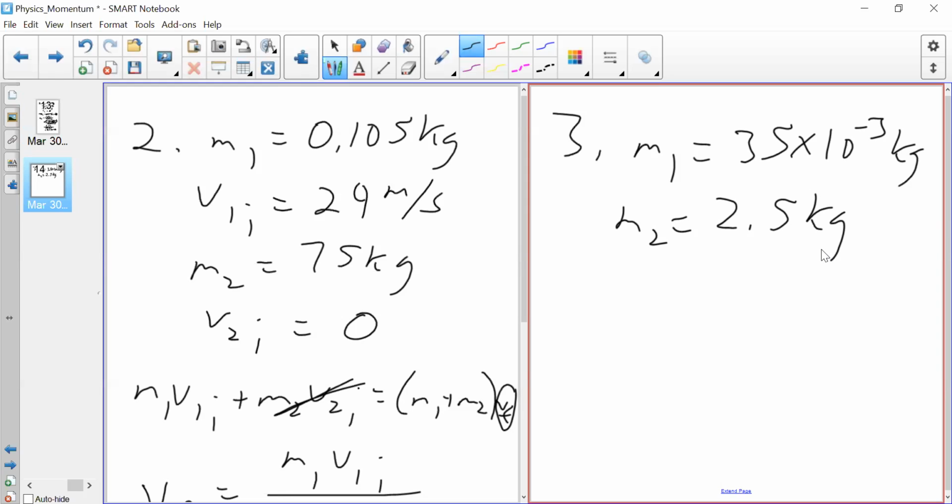So after the collision, the bullet bounces backward at 5. How fast is the ball moving when the bullet bounces backward? So we have M1 V1 initial, M1 V1 final.